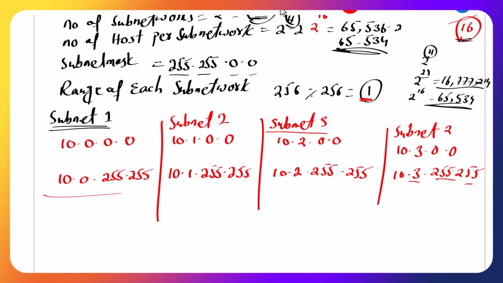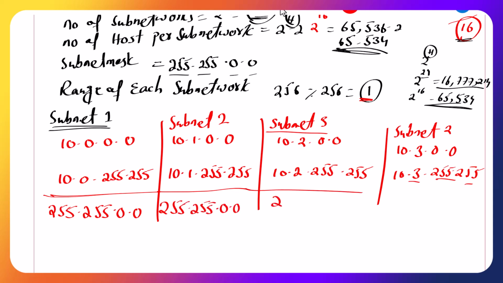The subnet mask of each subnetwork is the same, 255.255.0.0, same.